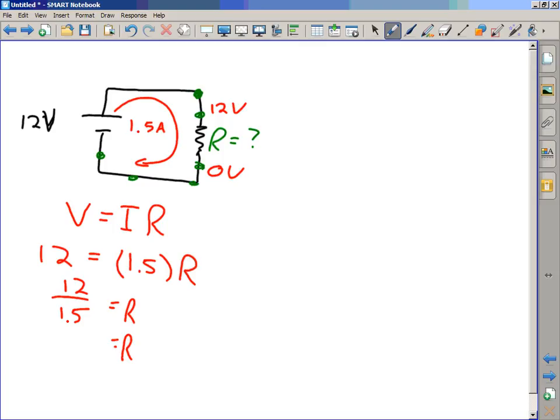Without a calculator. 12 divided by 1.5 is what? How'd you get it? Without a calculator, using some mental tricks. You're dividing 12 by 1.5.